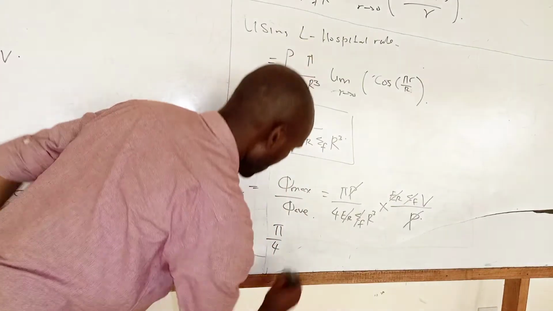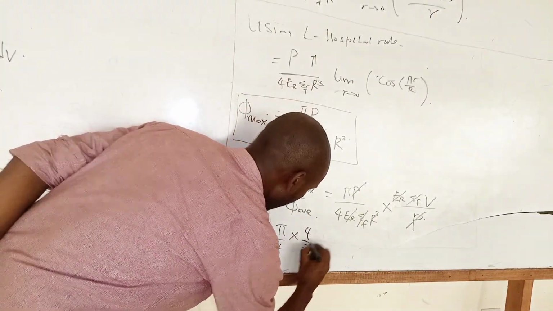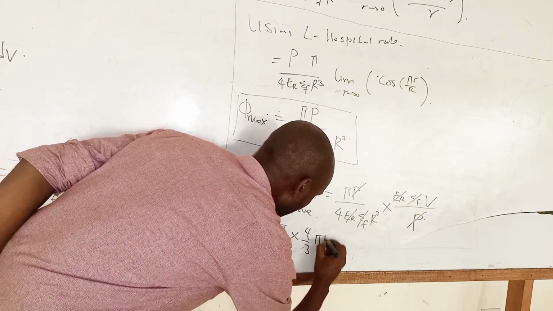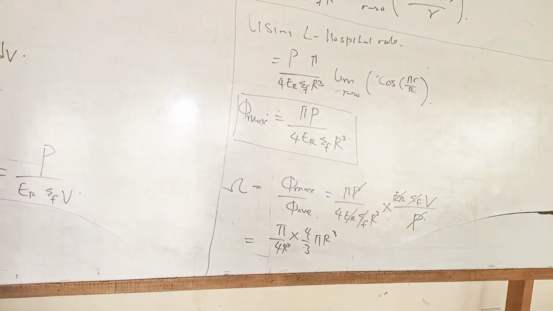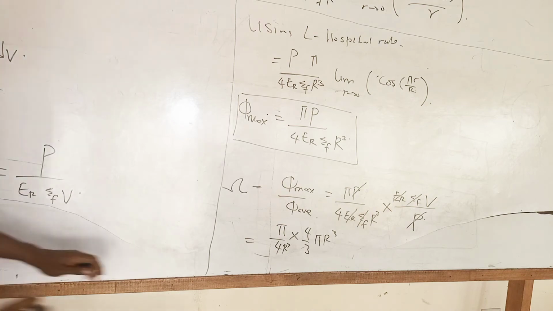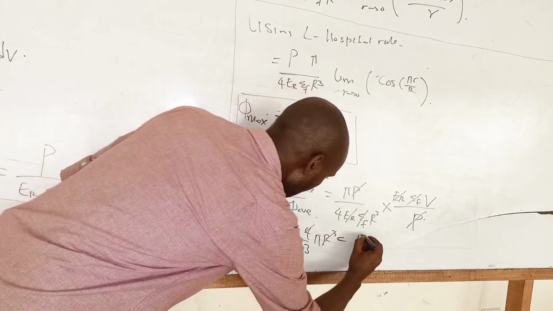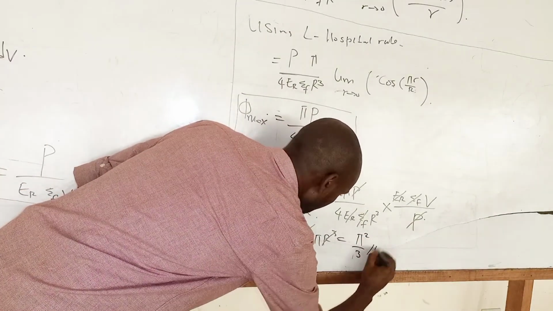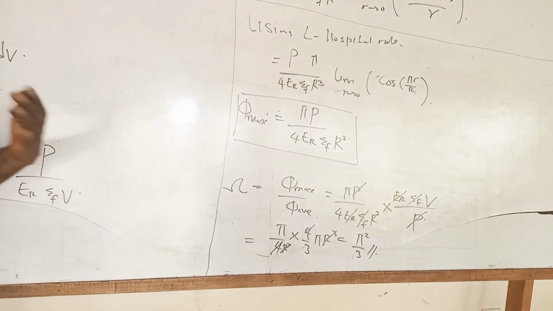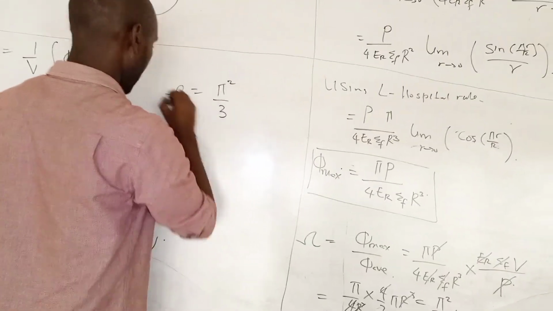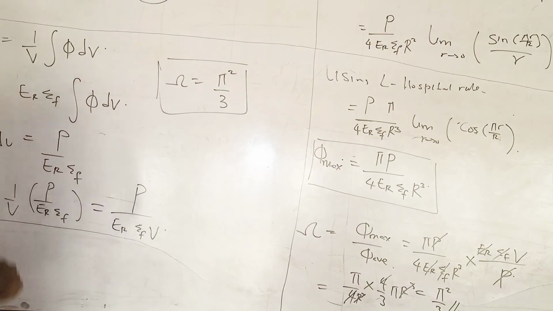What's the volume of a sphere? 4 over 3 R cubed. So the 4 cuts the 4, and R cubed cuts R cubed. It will be pi squared over 3. So the maximum flux to average flux ratio is pi squared over 3. Thank you.